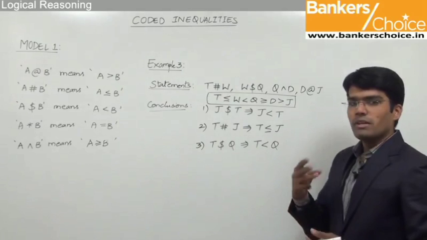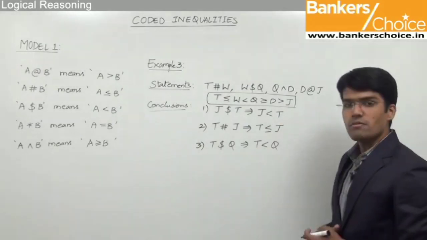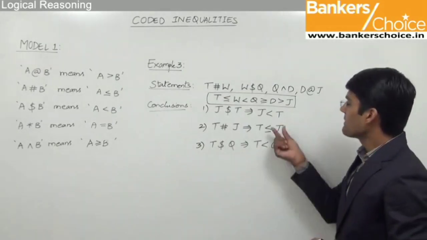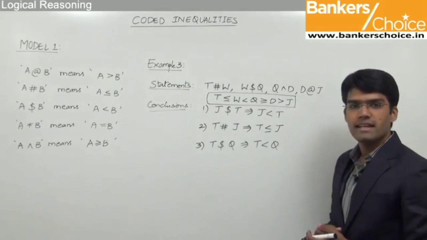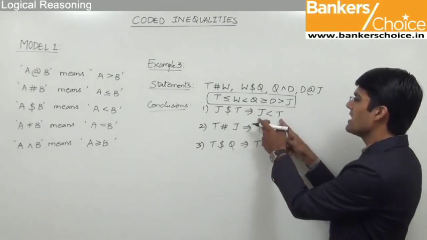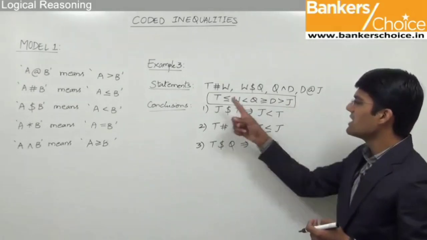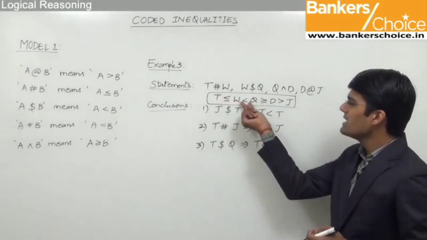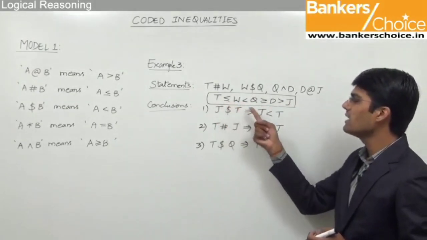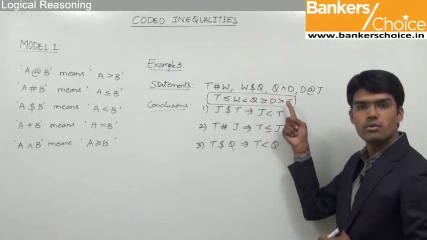Now keeping in mind those 3 rules, let us just quickly find out which of the given conclusions are true. The first one here is J less than T. So let us try to compare J and T from the statement that we have obtained. If you try to compare J and T, the different inequalities we have in between them are less than equal to, less than, greater than equal to and greater than.